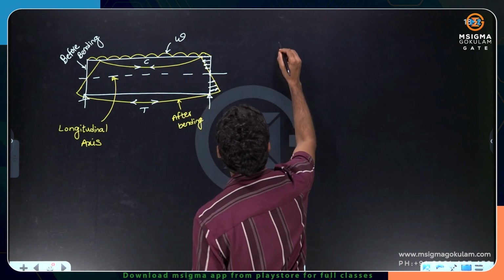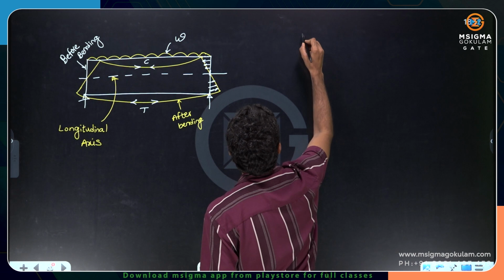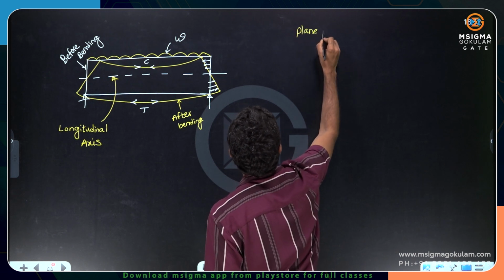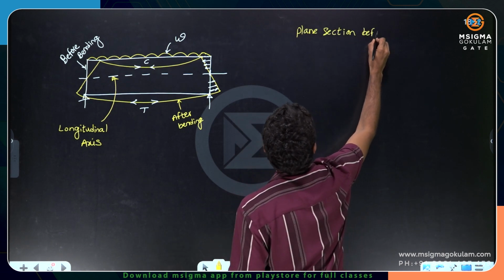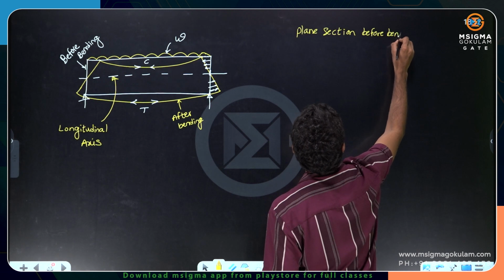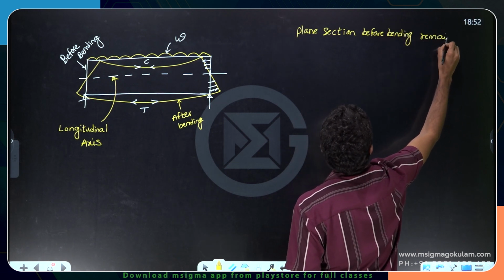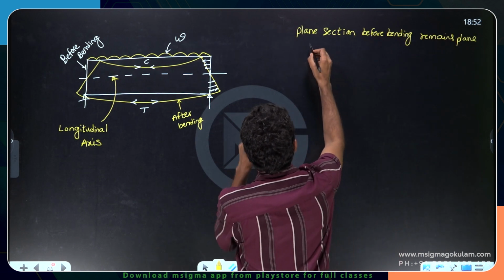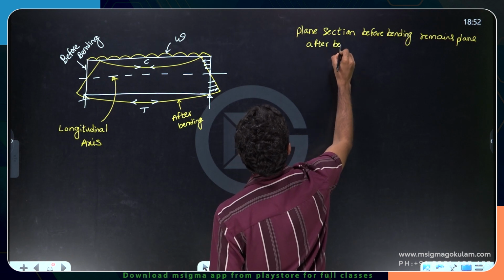Here, a very important thing you have to understand is what the meaning of plane sections before bending remaining plane after bending is. I am explaining the same thing here. Plane sections before bending remain plane after bending.